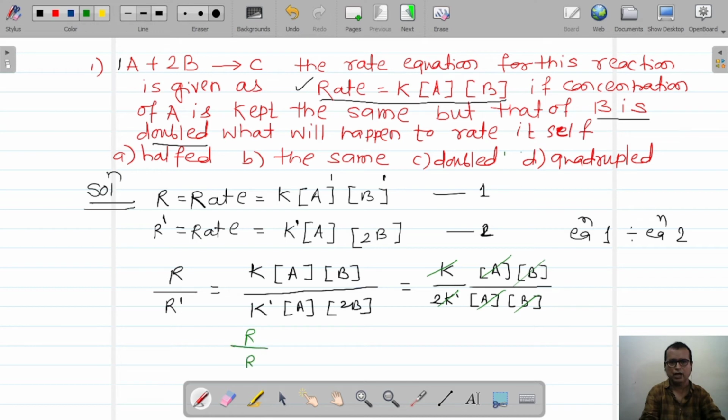R upon R dash is equal to 1 by 2. So our new rate R dash is equal to 2R. It means our answer is C. The rate of reaction gets doubled.